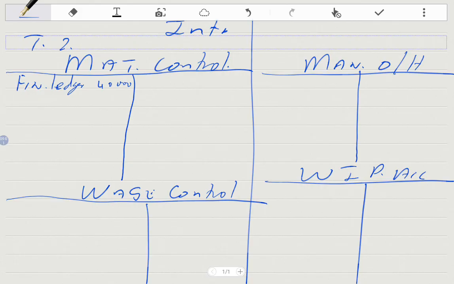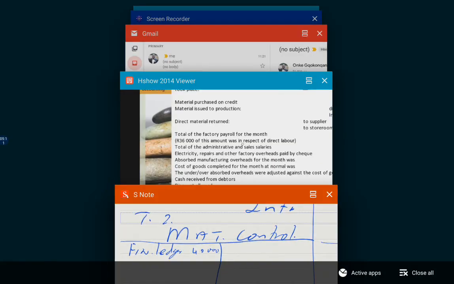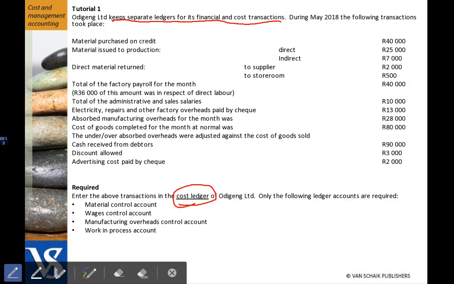And the next transaction that we have, going back to our information here, is material issued to production: direct 25,000, indirect 7,000.